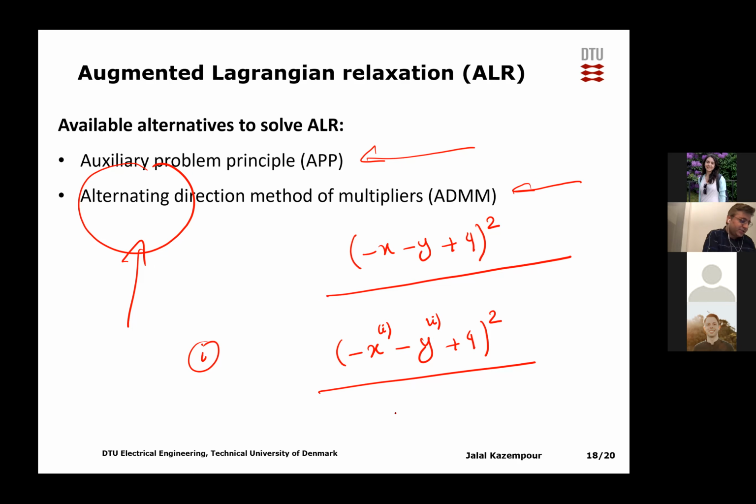Exactly. So in iteration I, we fix x to something from the previous iteration, and then we solve for y, and the other way around. So in each iteration, we consider one of the parameters coming from the previous iteration and solve for y. And now we assume y is constant, its value coming from the previous iteration, and we update the value of x.